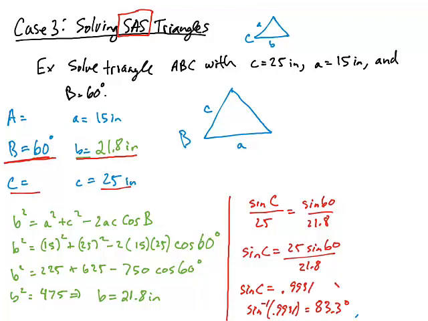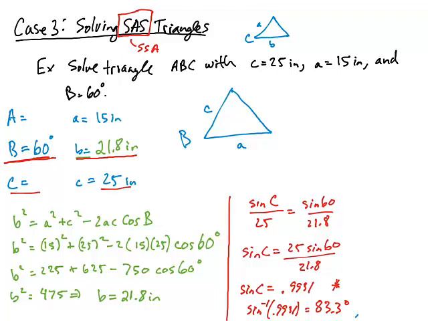Now at this point we are taking the inverse, so you may be thinking, well, are there two possible triangles here? Well, there's not, because this is not side-side-angle. That's the only instance when we have the ambiguous case, when we may have two possible triangles.